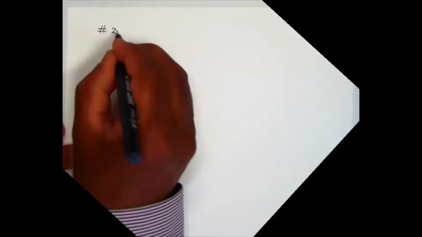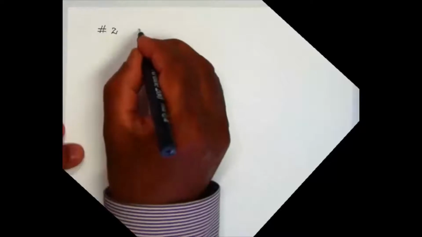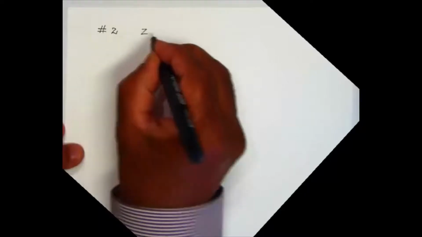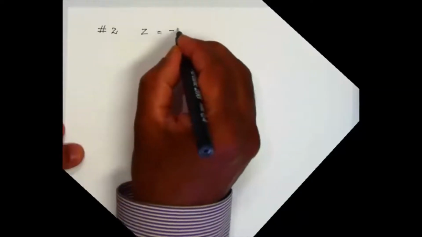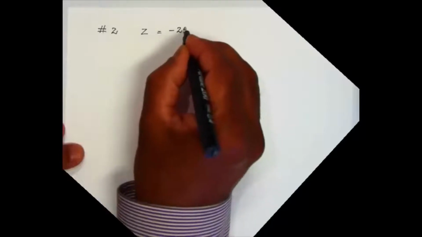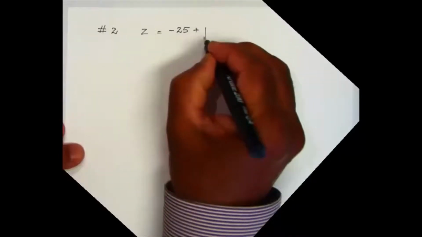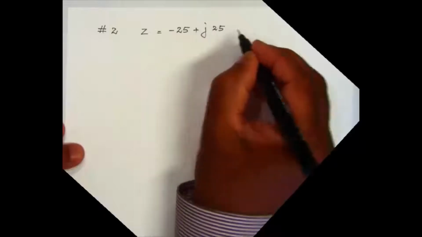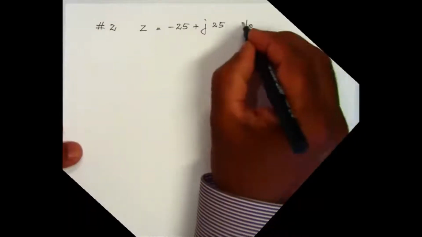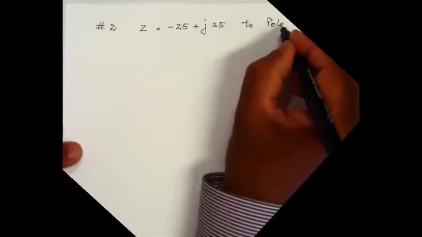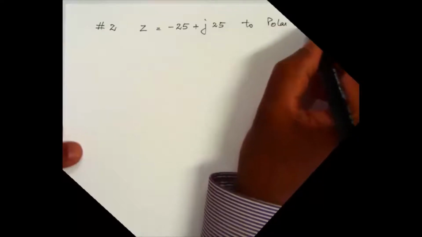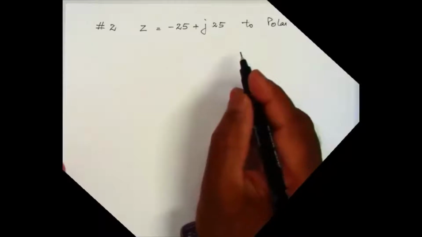The second example given in your book is convert z is equal to minus 25 plus j 25 to polar form. So we have to convert this to polar form.